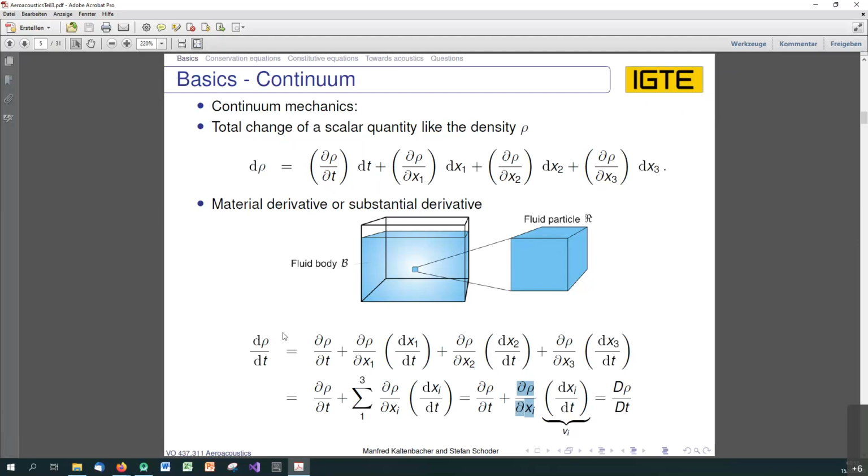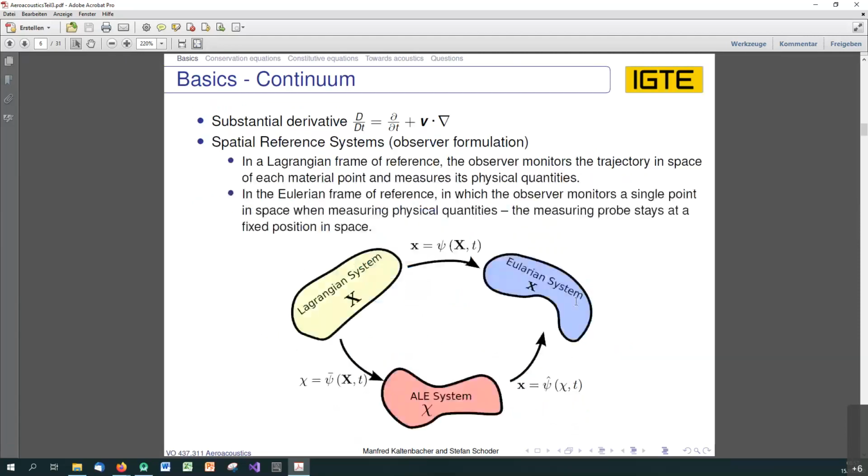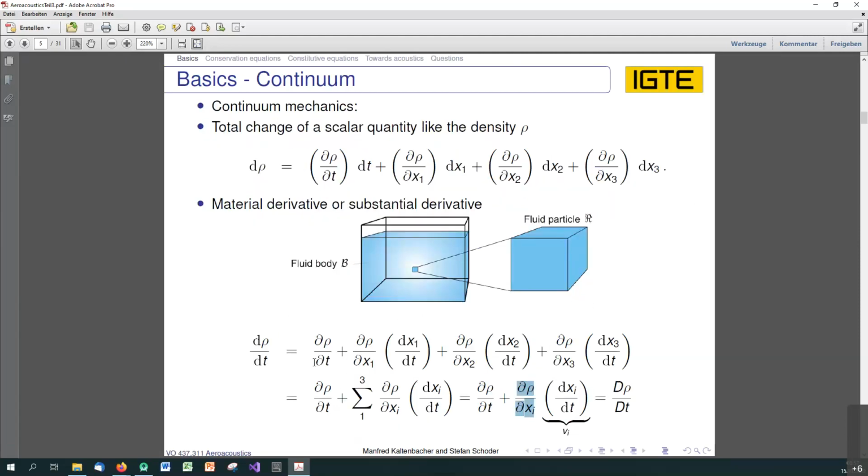Anyone else? Any question? Okay. Perfect. Then we will proceed with the lecture. So you all got the impression of what a material derivative or substantial derivative or total derivative is.